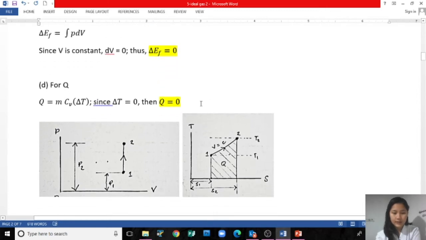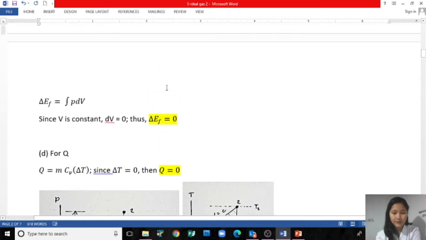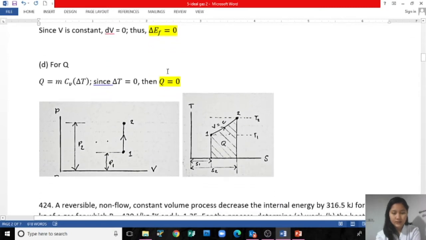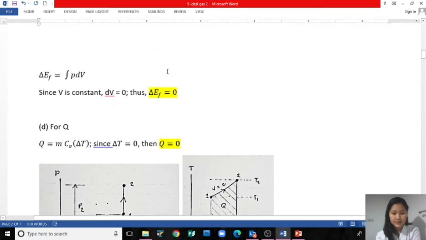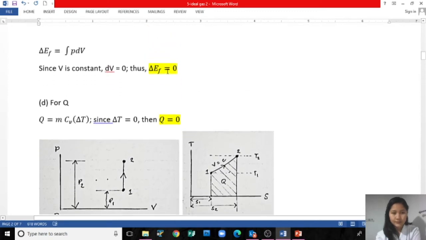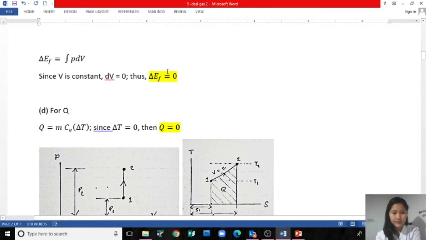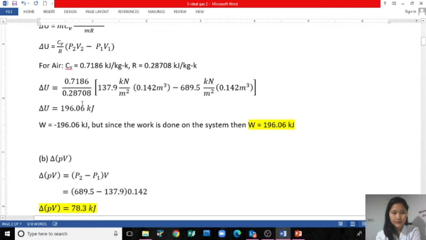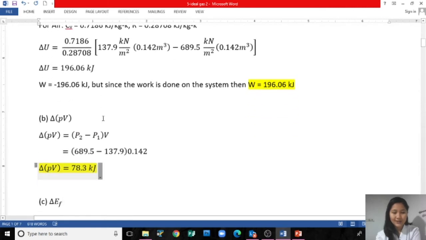From this problem, work is done on the substance since W is greater than 0, and since the delta U is positive here, then there is an increase in internal energy.